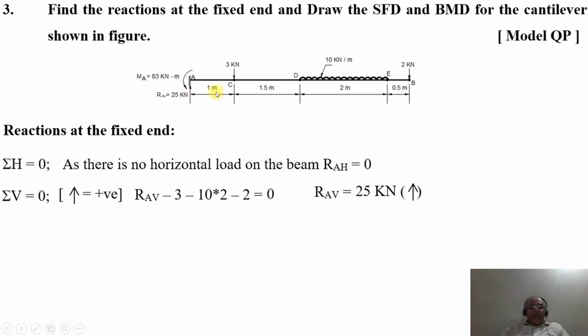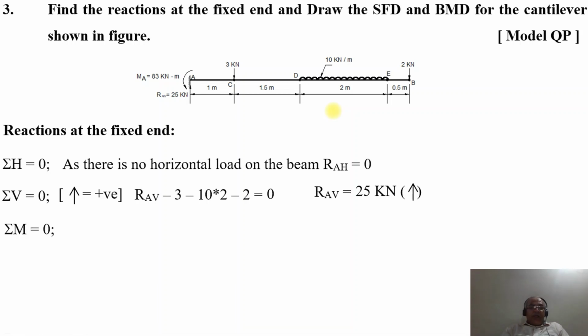Now we need to find the reactive moment. Since all the loads are acting downwards, we have a clockwise moment. So in order to keep the beam in equilibrium, at the point A we should have a reactive moment in a direction opposite to the direction of the application of load. Since the load produces a clockwise moment, the reactive moment will be counterclockwise, so that the beam remains straight even after the application of load.